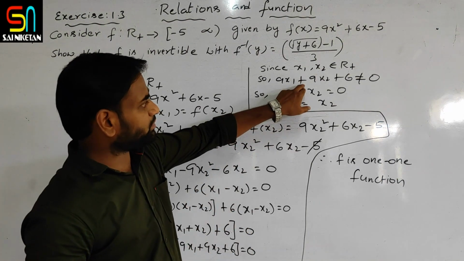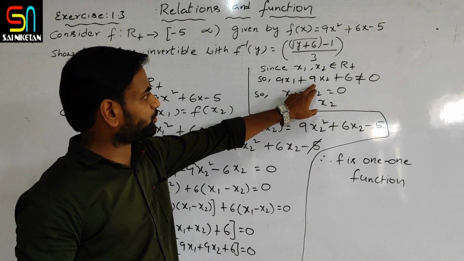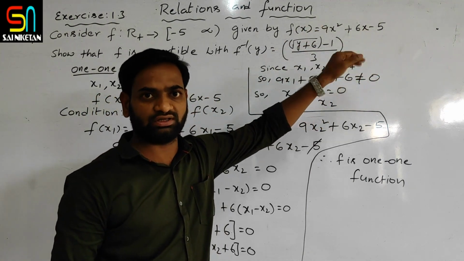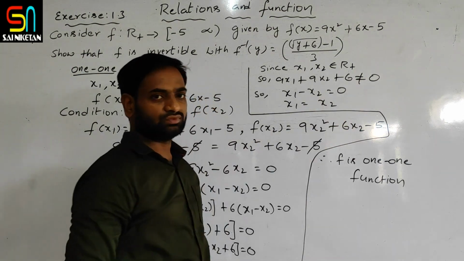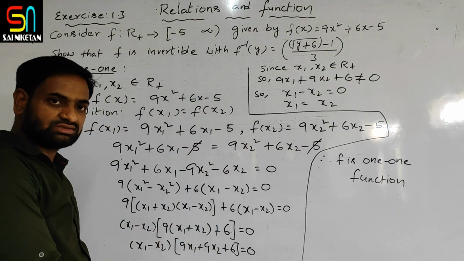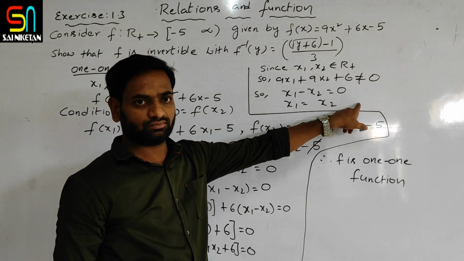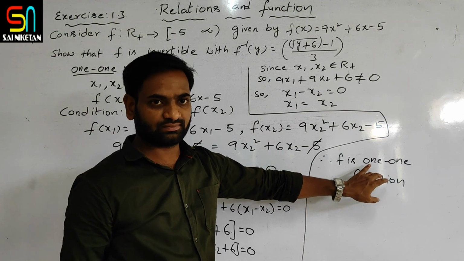It is not possible to make 9x1 plus 9x2 plus 6 zero because x1, x2 are positive. When x1, x2 are positive, this expression never will be 0. That's why it is not equal to 0. That's why the second one, x1 minus x2, should be 0. That's why f is one-one function.